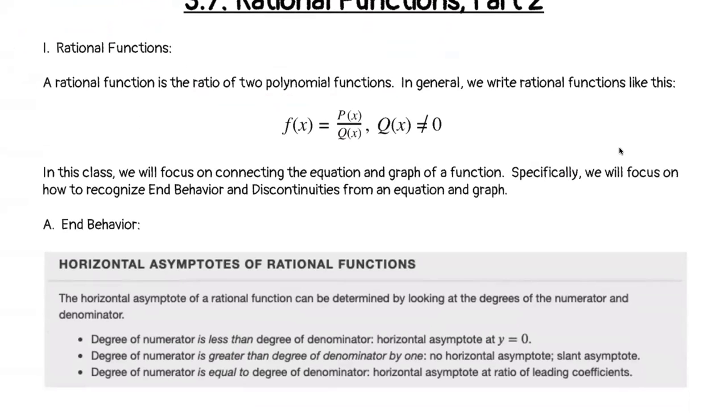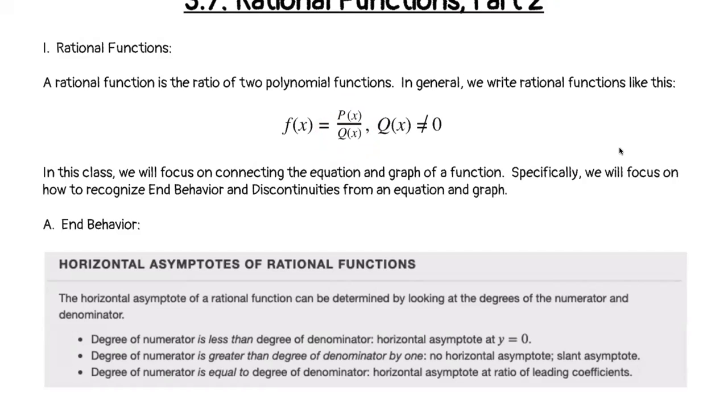But where does a rational function come from? It turns out that we just take two polynomial functions and we divide them. That's how we end up with a rational function. We take some polynomial function, we divide it by another polynomial function, and then we get a rational function.